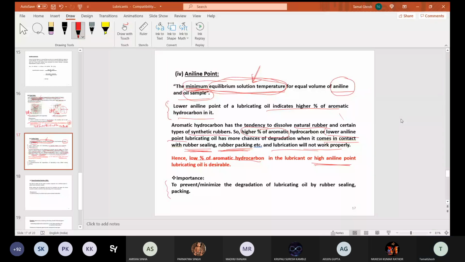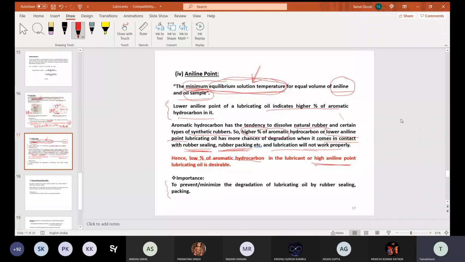So that minimum temperature is your minimum equilibrium solution temperature, and that minimum equilibrium solution temperature is our aniline point.